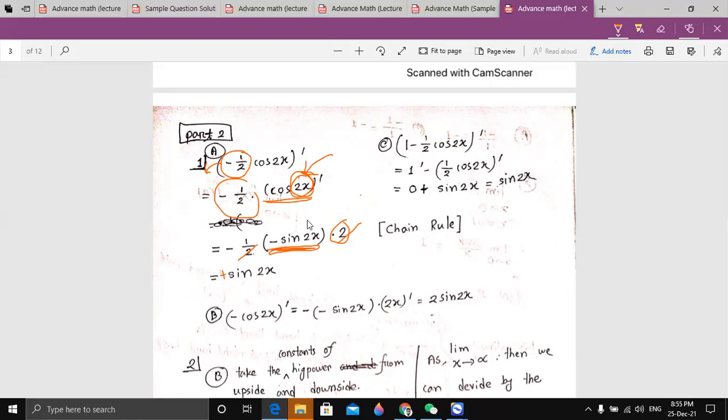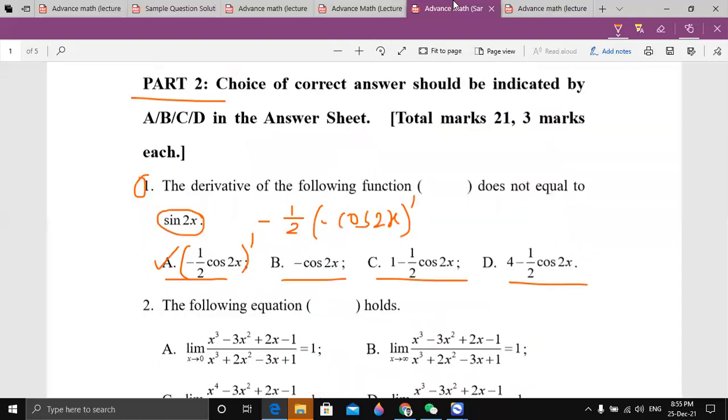Okay, and for C and D, you see the value is the same, right? At the right part it is the same, and in the left part we have 4. That means we have some constant value.